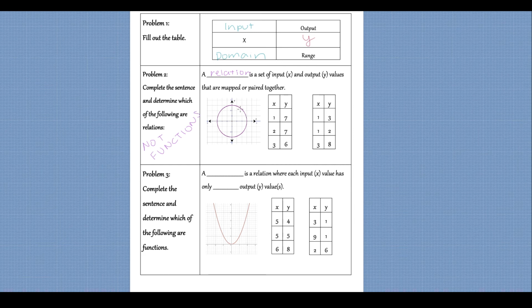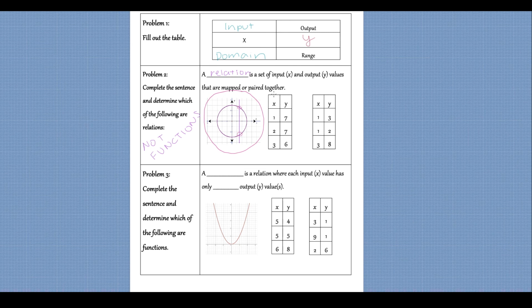So the first one we have is a graph, and what we said on a graph to determine if it is a function is you do the vertical line test. So let's draw a vertical line through this graph, and as you can see, it crosses through 2 points. So this is a relation and it is not a function.